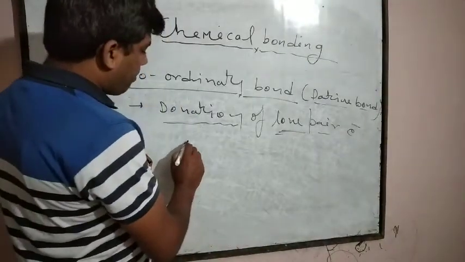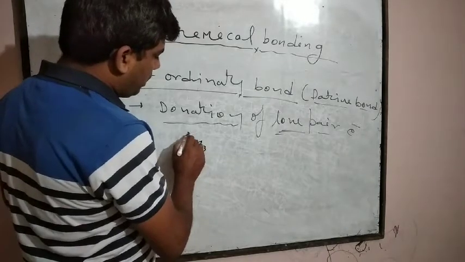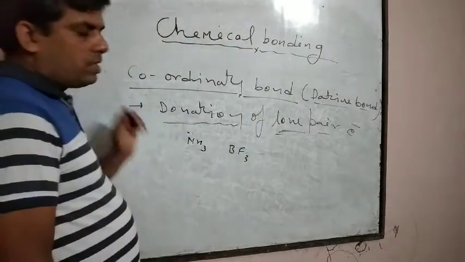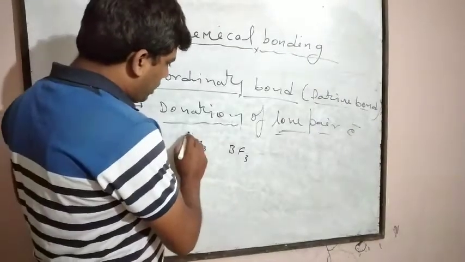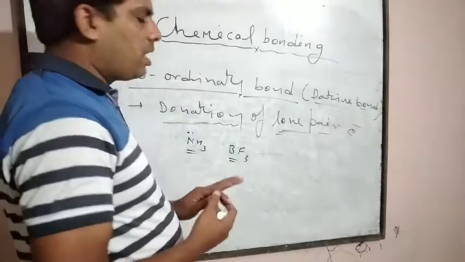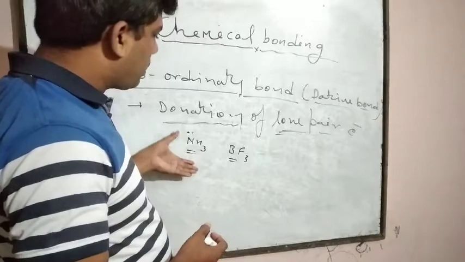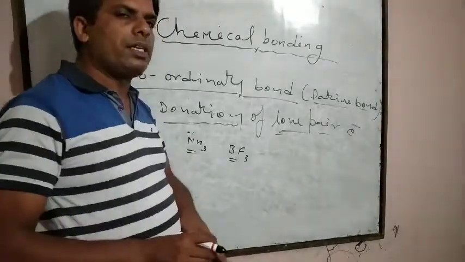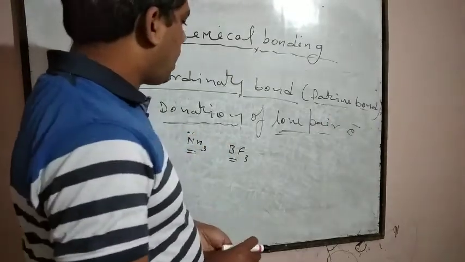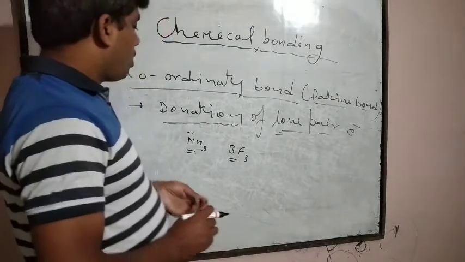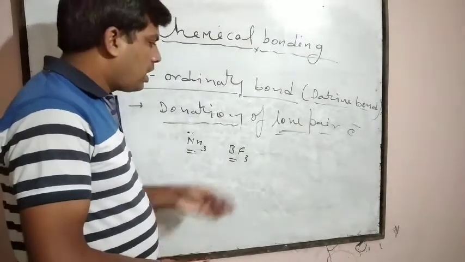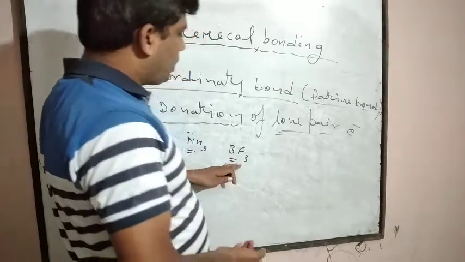For example, if we take ammonia NH3 and BF3 boron trifluoride, NH3 is an electron rich compound and BF3 is an electron deficient compound. The electron rich compound is the electron donor, and the electron deficient compound is the electron acceptor.